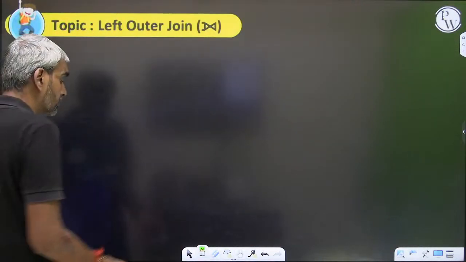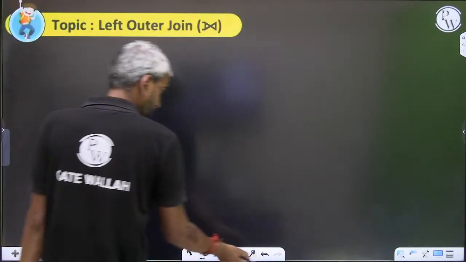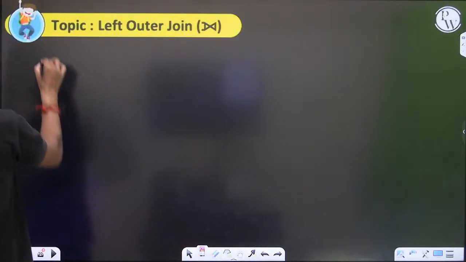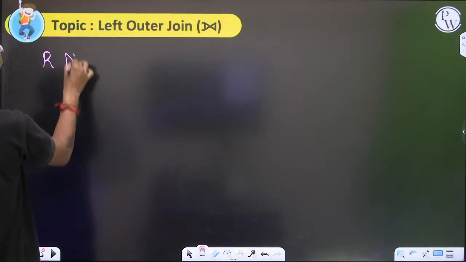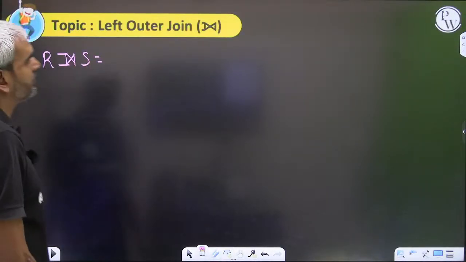So what is left outer join? How do we denote this? This is the notation for left outer join. So what will it be?